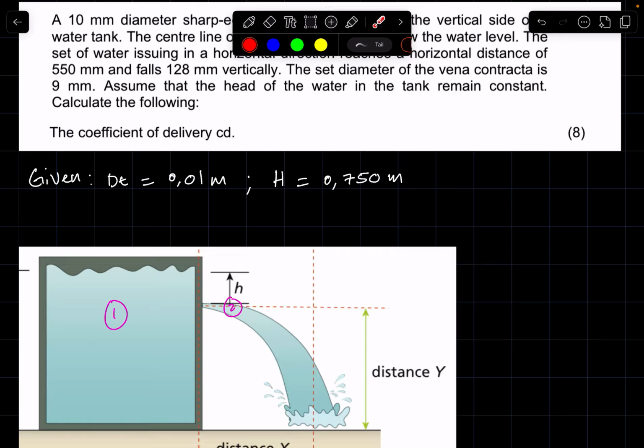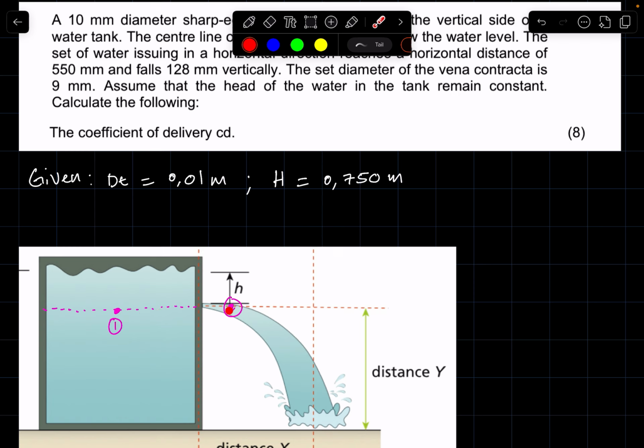But what you should take note of here is that point 1 and 2 are coaxial, so they are on the same axis. That will be point 2, and point 1 will be, say, somewhere here. Now if you look at both points, they are coaxial.